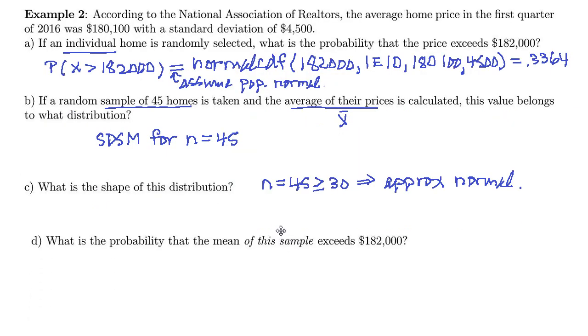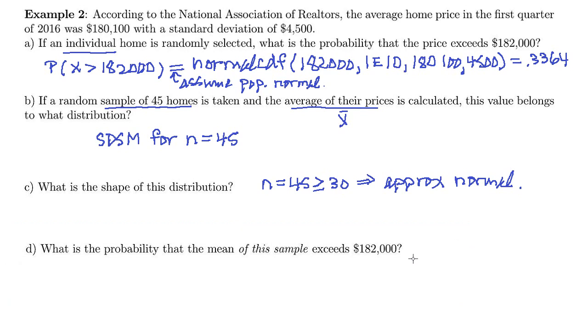And then lastly, we want to know what is the probability that the mean of that sample will be greater than 182,000. So this is asking what's the probability that X bar, a mean of a sample, is greater than 182,000. Our distribution is approximately normal because n is big enough, so we can use normal CDF here.